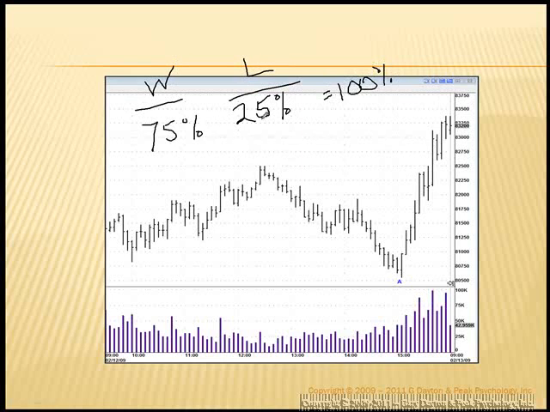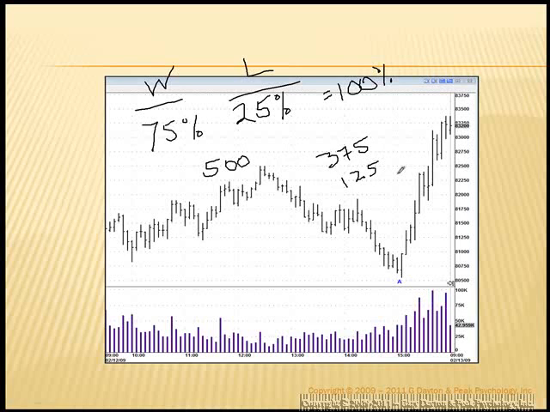then the way we want to think about this is that, say over 500 trades that we make on this, 75% of them, or 375 trades, are going to be winners, and 125 trades are going to be losers.